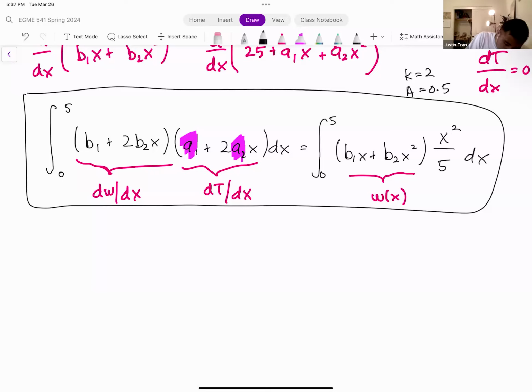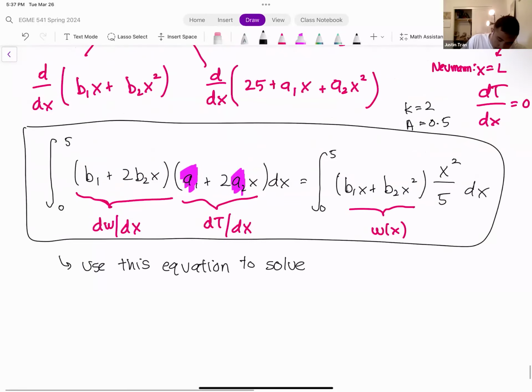So we're going to use this equation to solve for a1 and a2. That's where we were last time. Any questions on any of this so far? This was just a recap of last time.